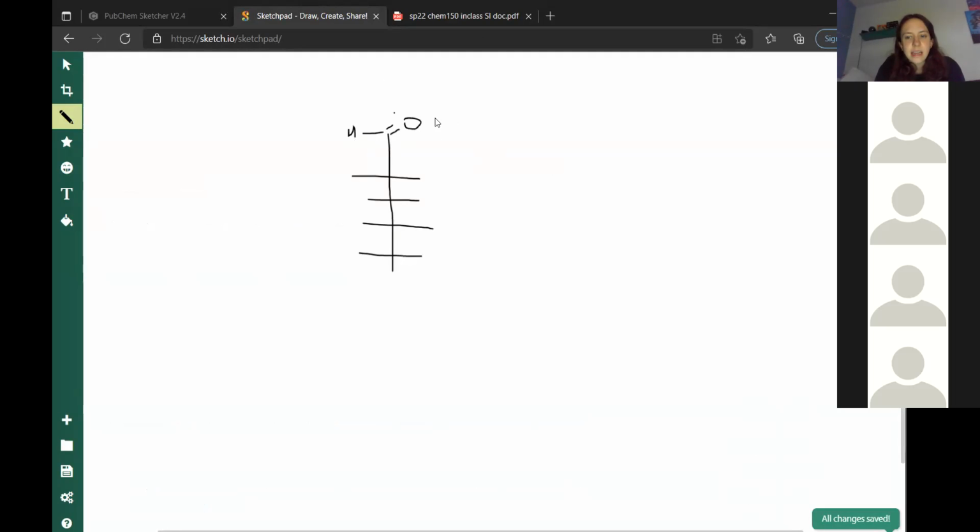And so at this end of the glucose, there is an aldehyde group. And remember, each of these intersections represents a carbon. So off of the first carbon, there's an OH on this side and then an H on this side.